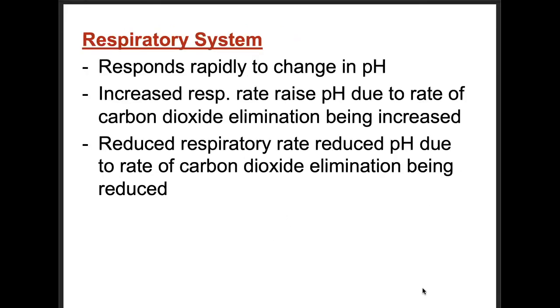Your respiratory system, on the other hand, responds rapidly to change the pH. Increasing the respiratory rate is the compensatory mechanism as well, to raise the pH due to the rate of carbon dioxide elimination being increased. Now, a reduced respiratory rate reduces the pH due to the rate of carbon dioxide elimination being reduced.